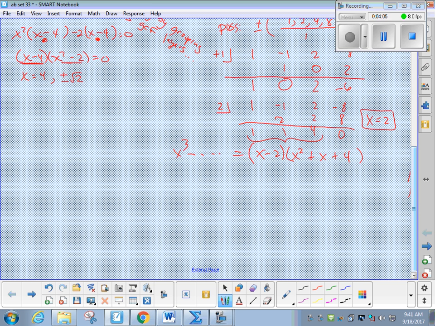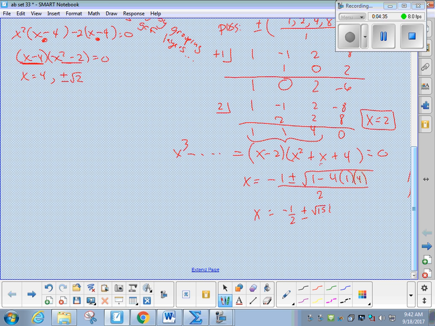Now you might say, I still don't understand why I can't synthetically divide. Well, here's why. How can I solve this equation? Quadratic formula. If I solve by quadratic formula, I get something like x is negative 1/2 plus or minus, what's the square root of negative 15?